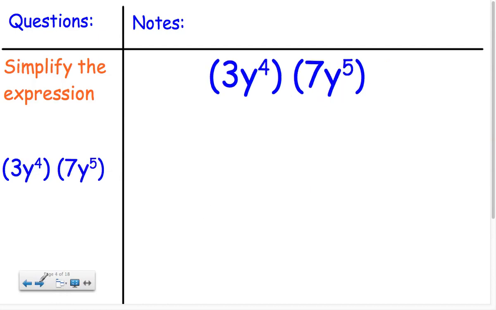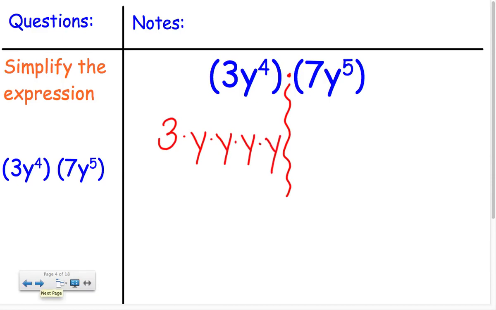All right, 3y to the 4th times 7y to the 5th. Multiplication is happening in between these, so that's where I'll put my squiggle line. 3y to the 4th, I've got a 3 and 4 y's. 7y to the 5th, I've got a 7 and 5 y's.